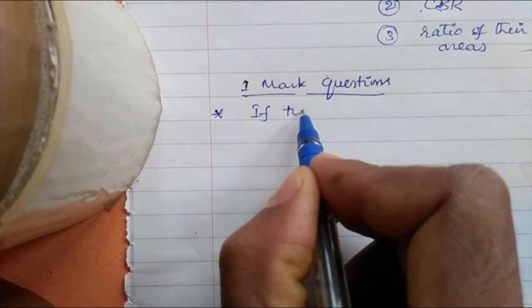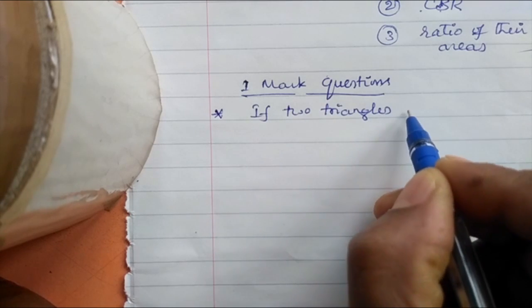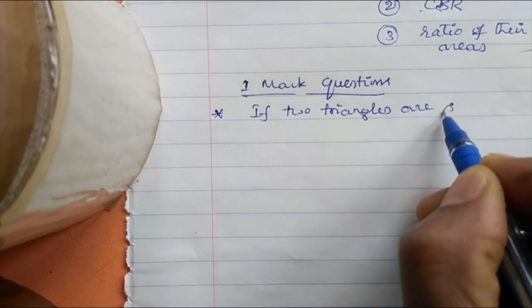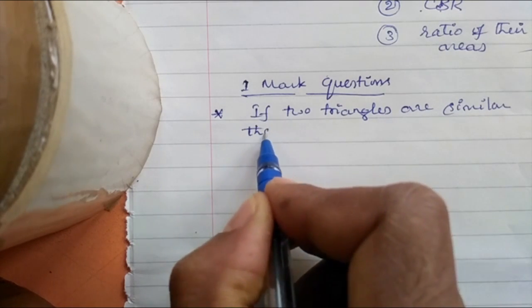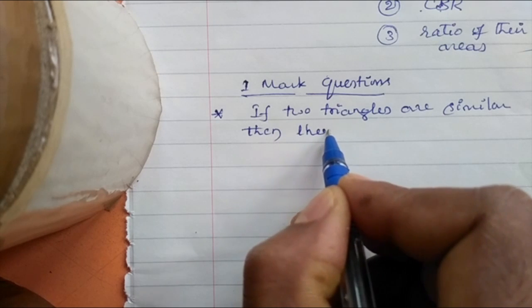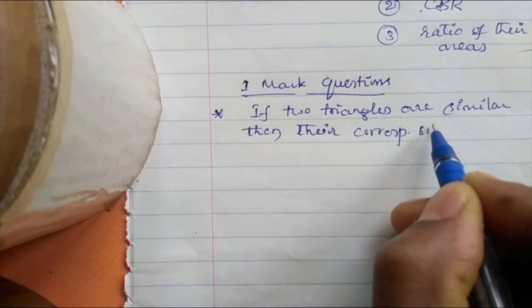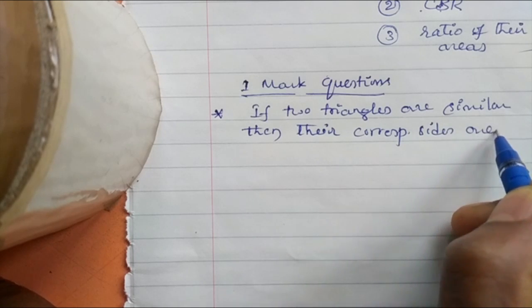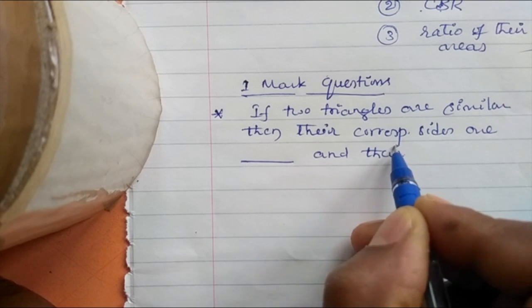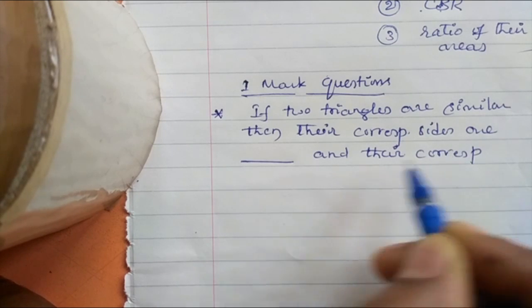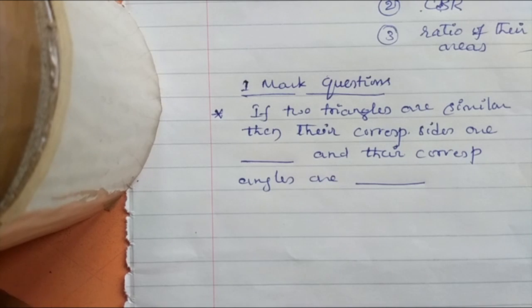If two triangles are similar, then their corresponding sides are dash and their corresponding angles are dash.